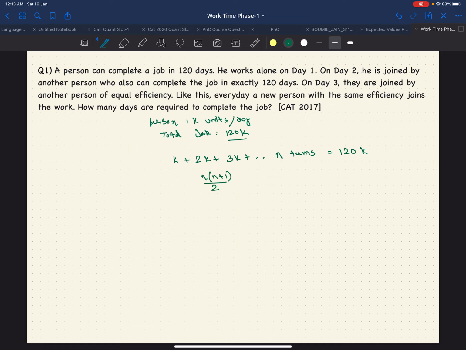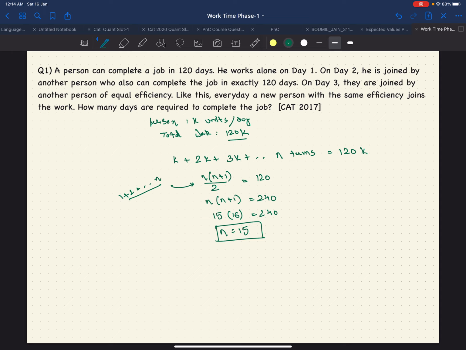Applying the formula for 1 plus 2 plus till n, we know that it's equal to n into n plus 1 upon 2. This is equal to 120. Therefore n into n plus 1 is 240. So this is nothing but 15 into 16 is 240. Therefore n is equal to 15 is the required number of days here to complete the job.